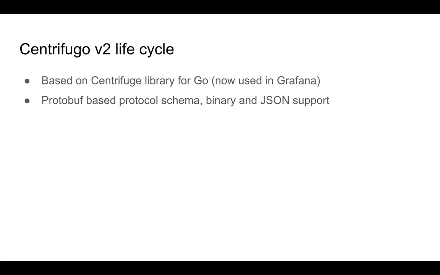It was based on a protobuf-based protocol schema and supported binary and JSON protocols. It's worth saying that the client protocol will stay the same in Centrifugo v3. We will speak more about this later. It supported Prometheus integration and added a GRPC API during the v2 lifecycle. We also got a Grafana dashboard, so it's pretty good in observability.